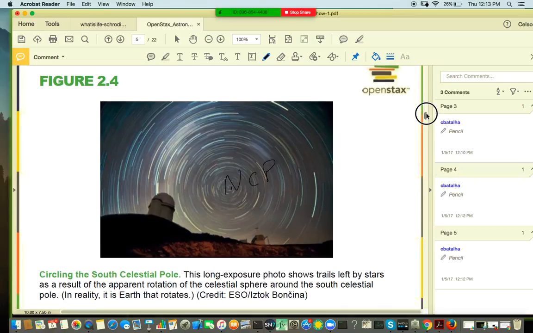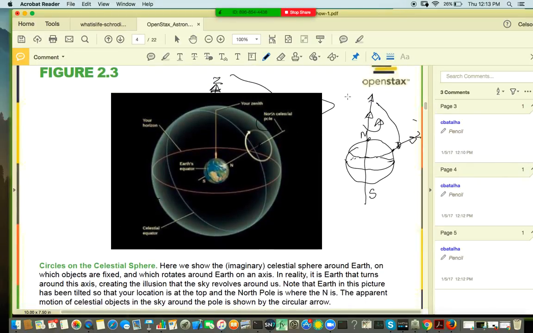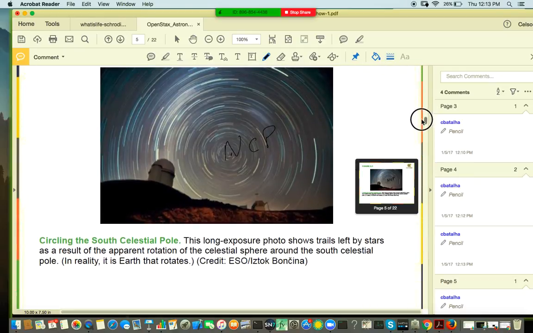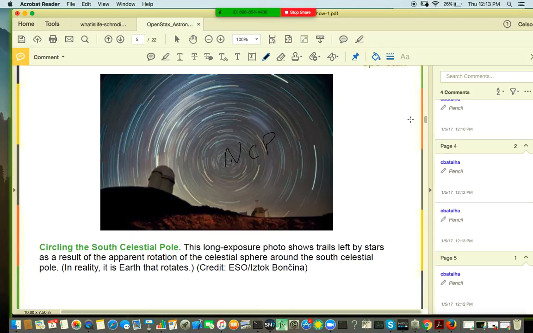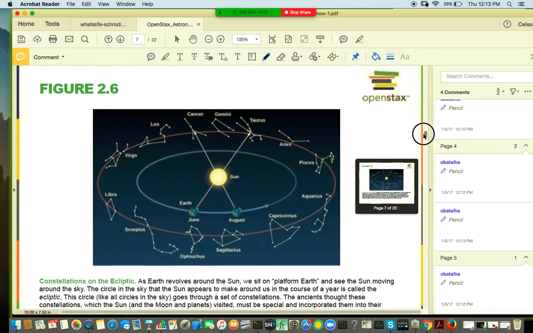It is the location on the celestial sphere that coincides with the extension of Earth's axis of rotation towards the celestial sphere. And it so happens that a star, Polaris, is very close to the north celestial pole. It's about 1 degree off.